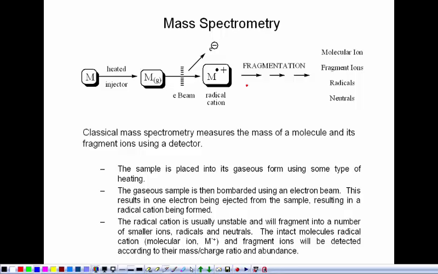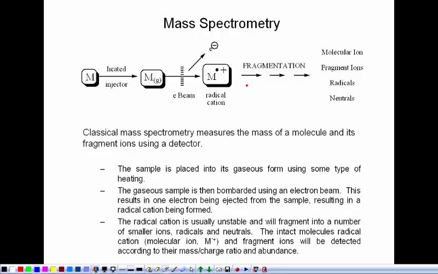But the radical cation may or may not be really stable. And so it may break apart in a process that's called fragmentation. And ultimately, we're going to measure the masses and the abundances of each of those masses in the mass spectrometer.